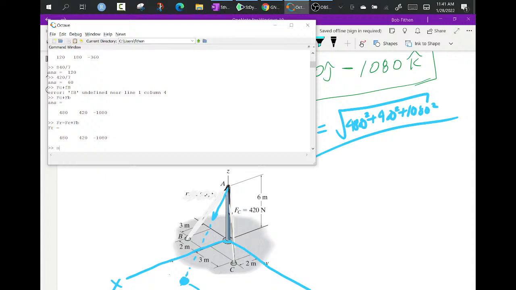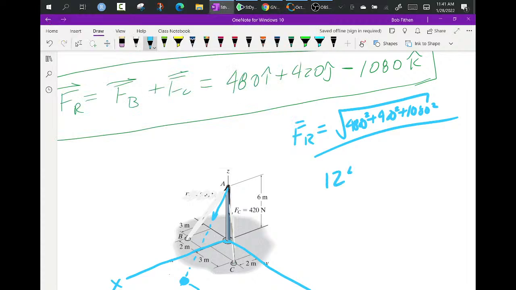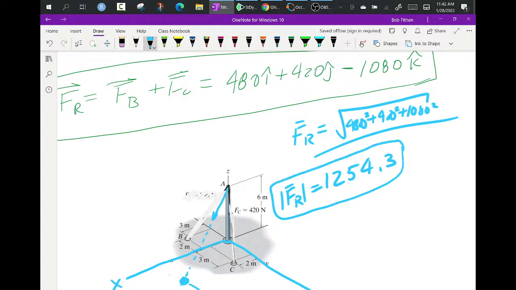And now what I'm going to do is take the norm of the resultant, FR. How much force is there? Okay, now we're not into integers anymore because we're starting to go past what he's asking for. 1254.3. So the magnitude is 1254.3. That's the actual force that's being pulled. Now, what is the U in the resultant?